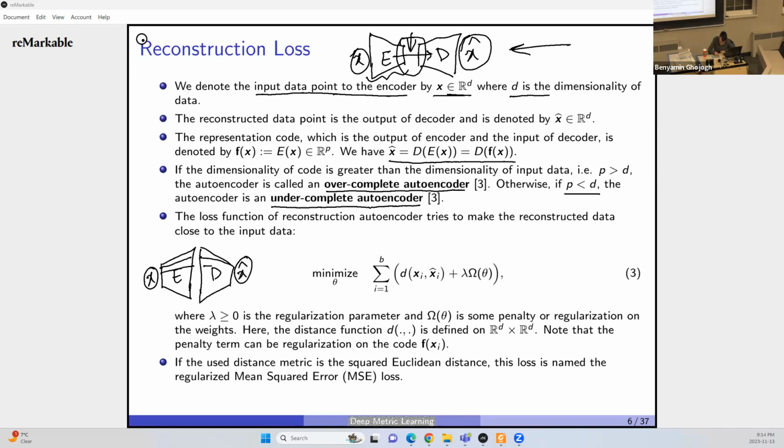You not only compress, but also have more neurons in the middle, so you can simply copy. Many of the weights will be 0, and some of the weights will be only 1, for example, to copy. It will learn to copy. But the overcomplete autoencoder has some use cases, especially denoising.